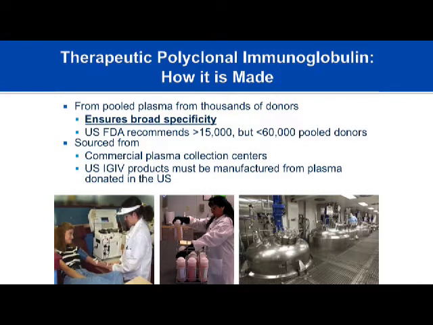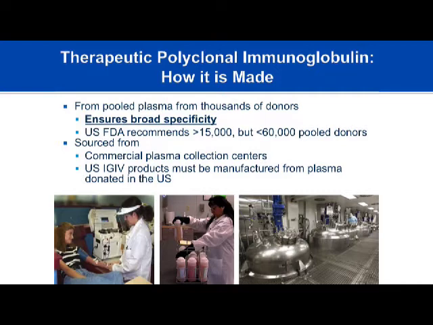This comes from commercial plasma collection centers where individuals go into the center and donate their plasma for this very purpose. And importantly, all therapeutic immunoglobulin products available in the United States must come from plasma that is obtained in the United States.